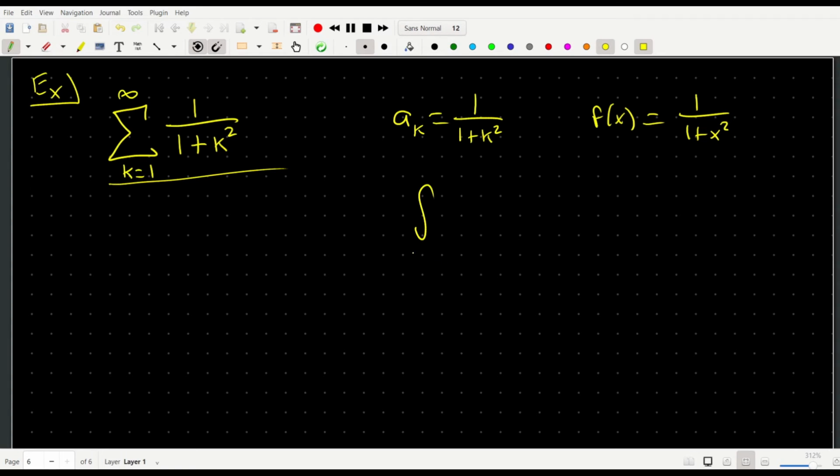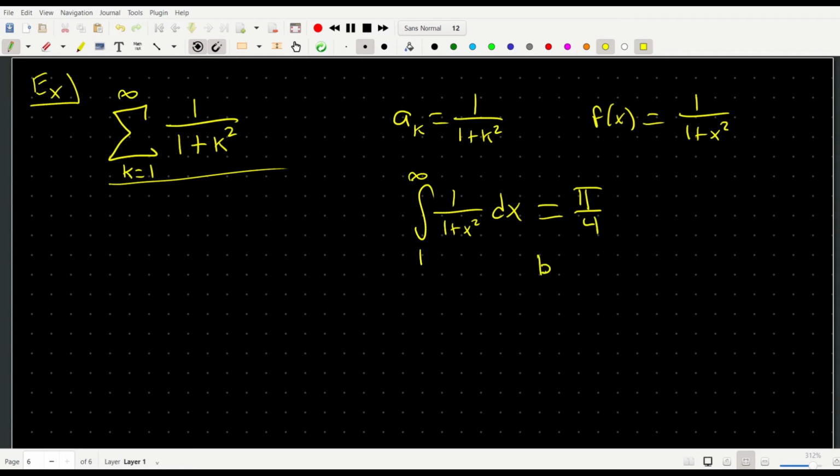The improper integral of this function from 1 to infinity was shown in the previous lecture to be pi over 4.